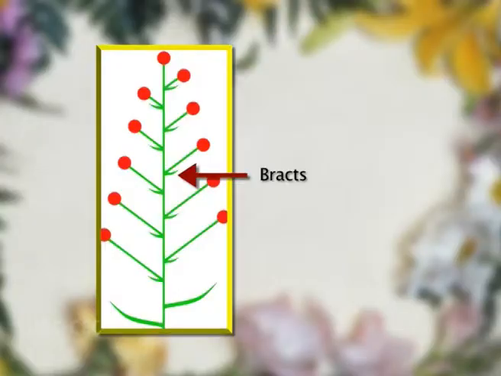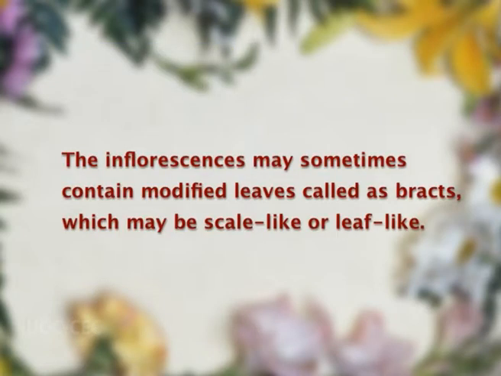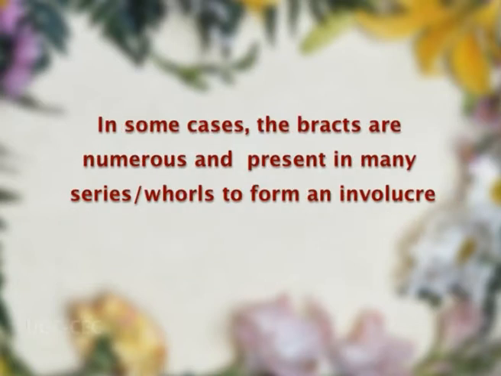The inflorescences may sometimes contain modified leaves called as bracts, which may be scale-like or leaf-like. In some cases, the bracts are numerous and are present in many series or whorls to form an involucre.